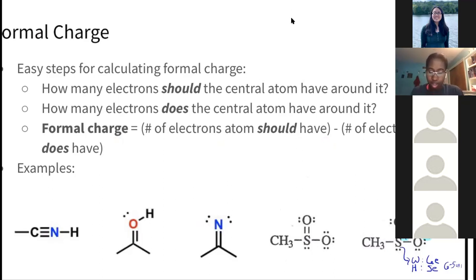Alrighty. Sorry, do you just forget the CH3 group when calculating it? Like, why do we ignore it? Great question. So whenever you see a CH3, I'll tell you why you can ignore it for calculating formal charge.